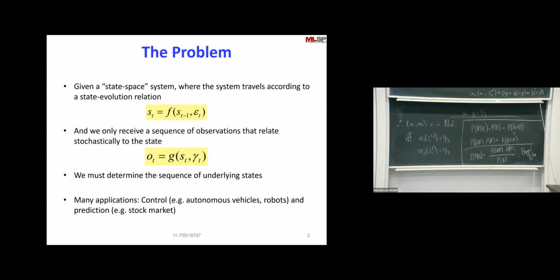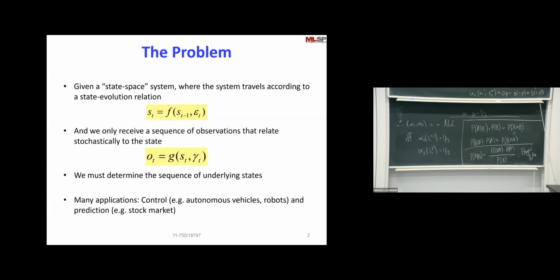The state was assumed to be Markovian in the sense that the state at time t only depended on the state at time t-1, and they had some random perturbation to it. Then you had an observation where the observation at time t depended only on the state at time t. And from the sequence of observations, we had to determine the underlying state of the system.